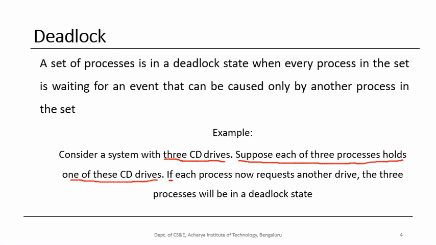So if each process now requests another drive, the 3 processes will be in a deadlock, right? Because each process holds one CD drive and requests another, and it will not get it, because all the processes in the set are waiting. That's what is known as deadlock. I hope you have understood. If you have not got this clearly, I will take many more examples during this lecture and try to make this concept very clear.